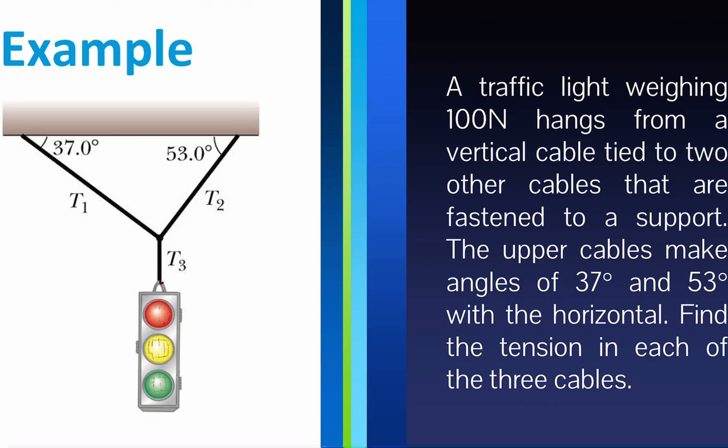Let's say that this is point A here, the connection between the traffic light and T3. And let's make this connection among the three cables be point B. That's point B. Okay. So let's make an FBD for point A.